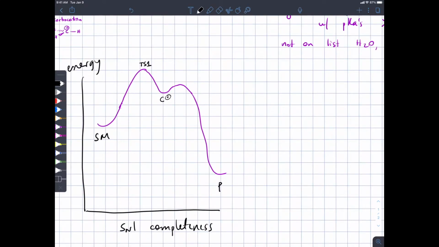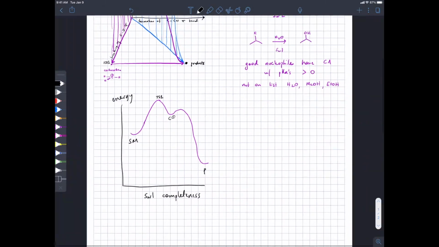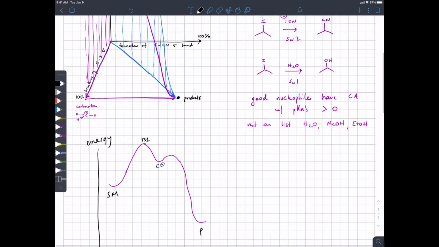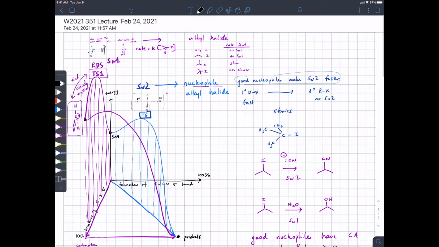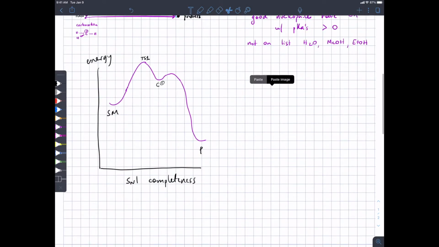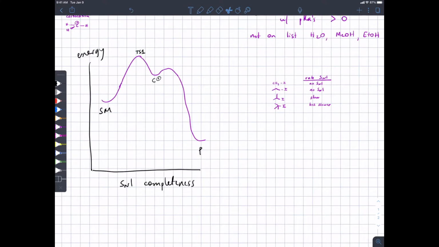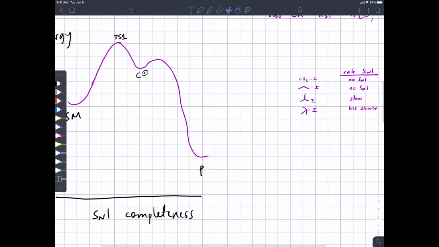So in order to understand why the rate of the Sn1 reaction varies like I showed you, I'm going to copy and paste this for our discussion. We need to consider the relationship in structure between the transition state 1 and the carbocationic intermediate.